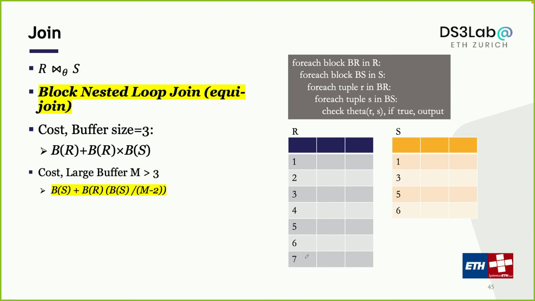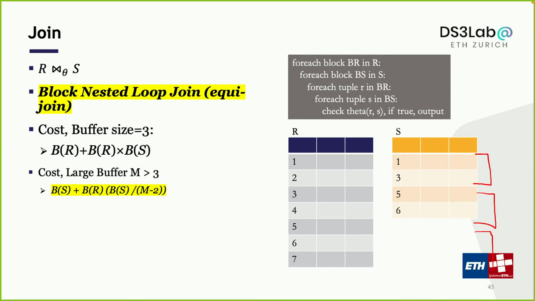In this case, it's probably going to look something like this. The thing that you can do is hold a chunk of S in the buffer. You partition S into chunks of m-2 pages.